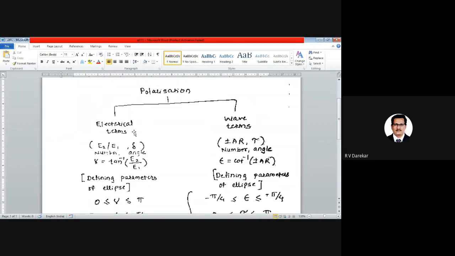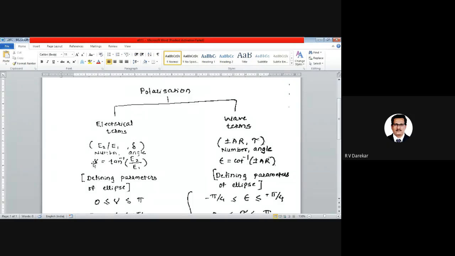In a very similar way, if a wave is considered by observing the components of the axial values, we can define the axial ratio, denoted by AR, as well as the tilt angle, denoted by tau. In a very similar manner, we know the term gamma.